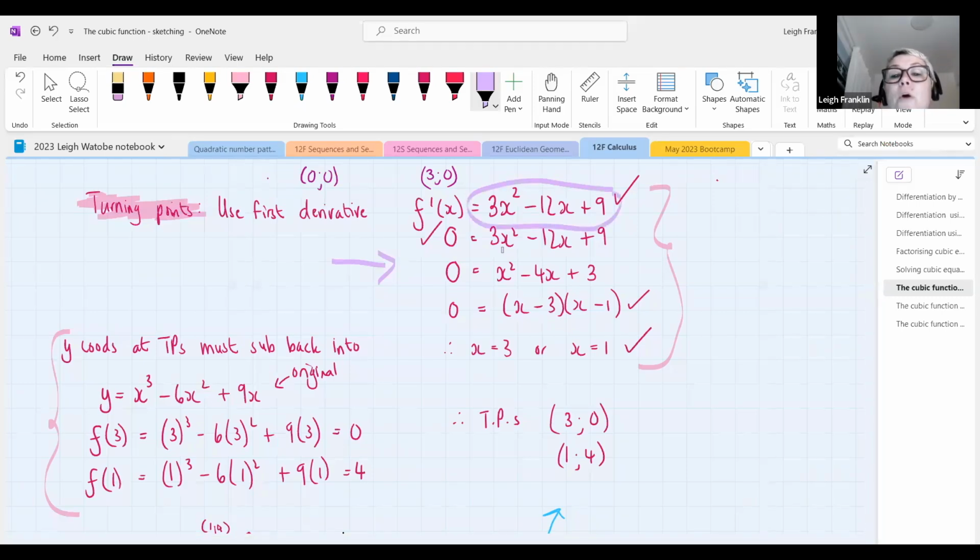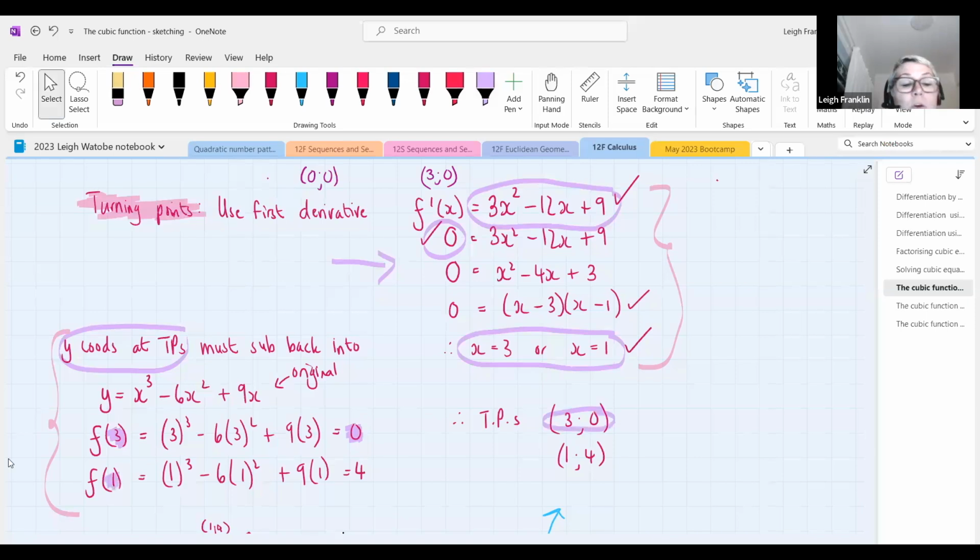You make it equal to 0 because at the turning points the gradient is 0, and you solve for x. Those are the x coordinates at the turning points. Then in order to get the y coordinates at the turning points, you have to sub the x's into the original equation. So that's why I've subbed in the 3 and I've got 0. And that's why the one turning point is 3 and 0. And then I've subbed in the 1 over here, and I've got 4, and that's why the other turning point is 1 and 4.